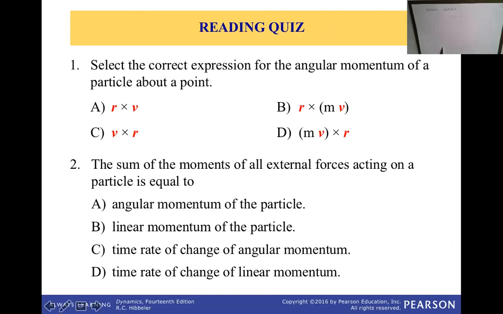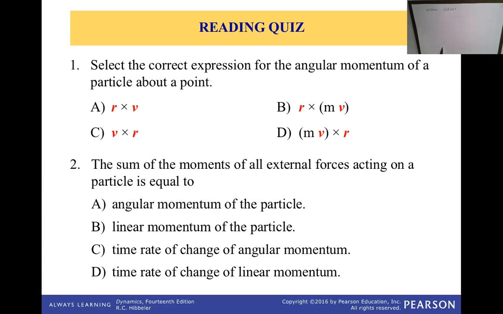All right, has everybody sent your answers to me already? Okay, we'll take a look here. The first one says, select the correct expression for the angular momentum of a particle about a point.